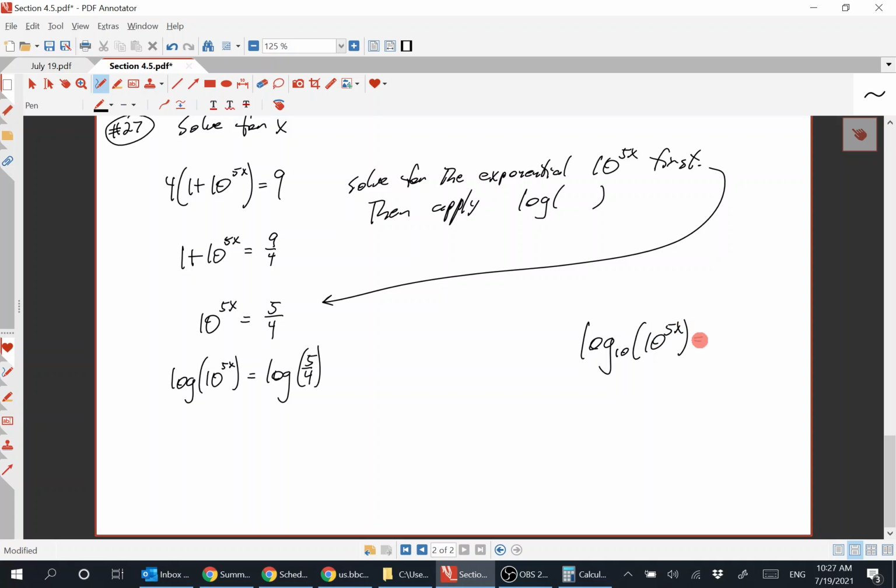That's going to be equal to what? 5x. Just 5x, right? That's why we apply the log to each side. It's the inverse function. So this is just 5x. This is log of 5/4. So now divide by 5.